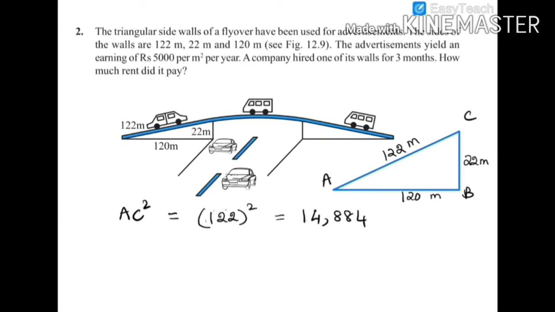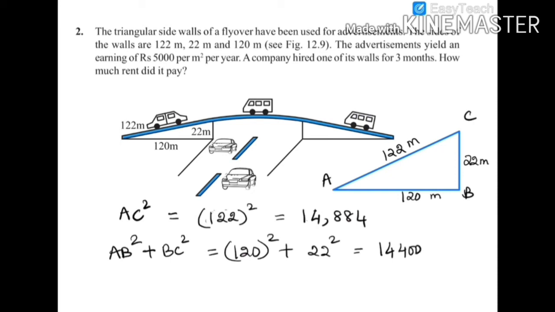Now let's find the sum of the squares of other two sides, that is AB square plus BC square. So that is equal to 120 square plus 22 square. This is equal to 14,400 plus 484.